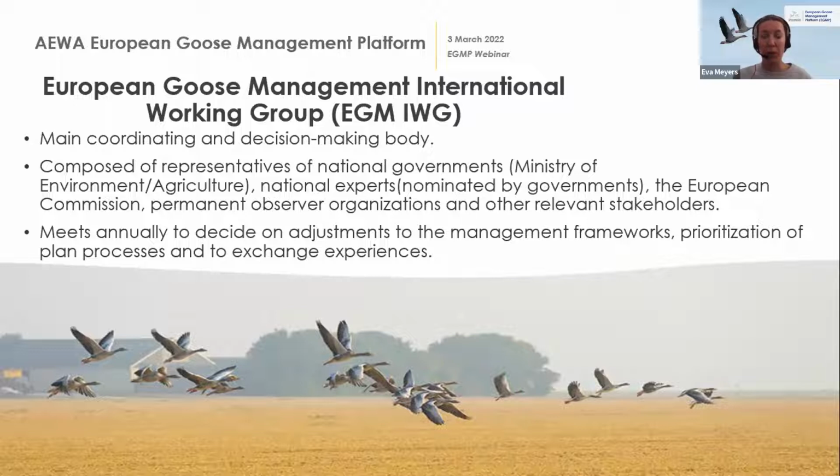The working group meets on an annual basis to decide on adjustments of the management frameworks, prioritization of the planned processes, work plans, share experiences, and any other emergent issues. Having these annually recurring meetings allows the platform to be adaptive and to have more dynamic decision making, keeping the current up-to-date information provided, feeding directly into processes for management and conservation of the species.